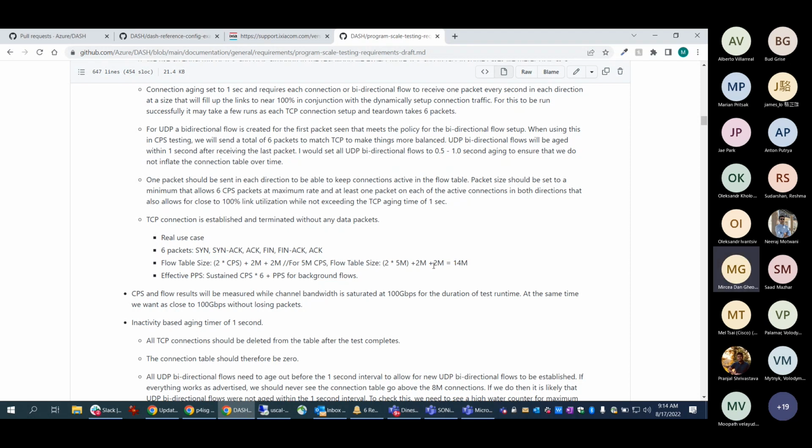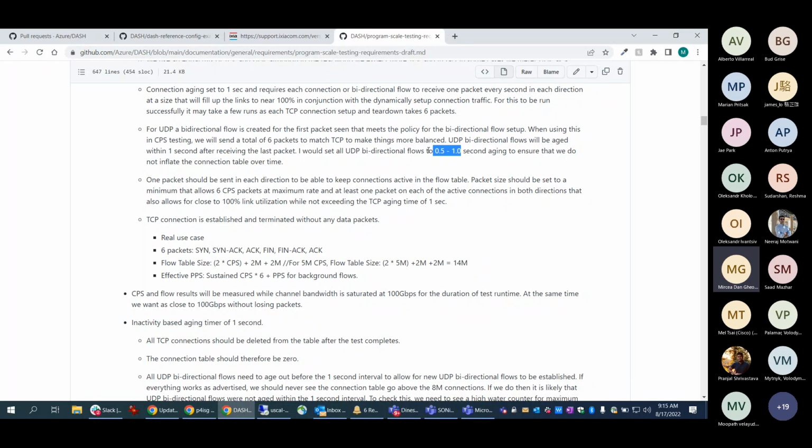You have 2 from TCP, 2 from UDP background traffic, and these are from the CPS ones. If I am to keep this flow table at this size, and the DPU cannot do 5 million CPS, I need to leave the flows longer. Otherwise, they go out of the table, and the table never reaches 14 million in size. This is the line that I'm referring to. Yeah, but maybe this line can be changed, right? This is what I'm saying.